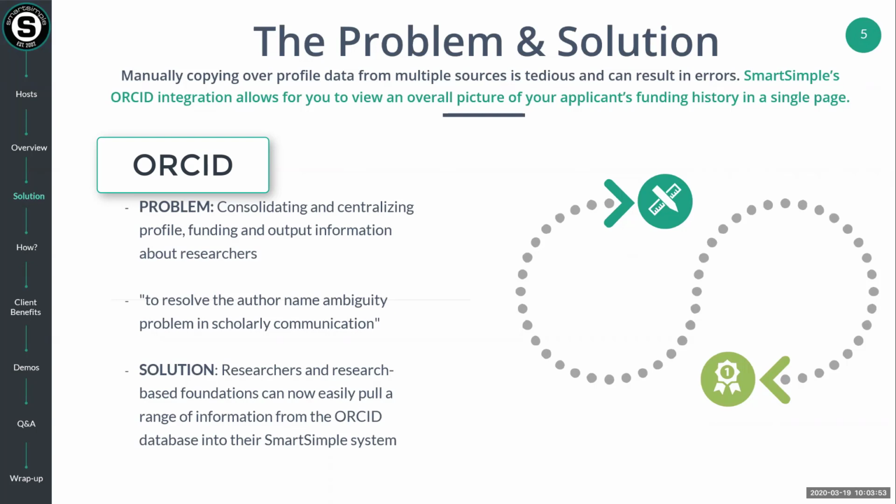Now users in your system, whether researchers or reviewers or any user type that would have an ORCID profile, are able to pull their profile information into SmartSimple so that you can get an overall view of that user's funding history, education, or work experience.